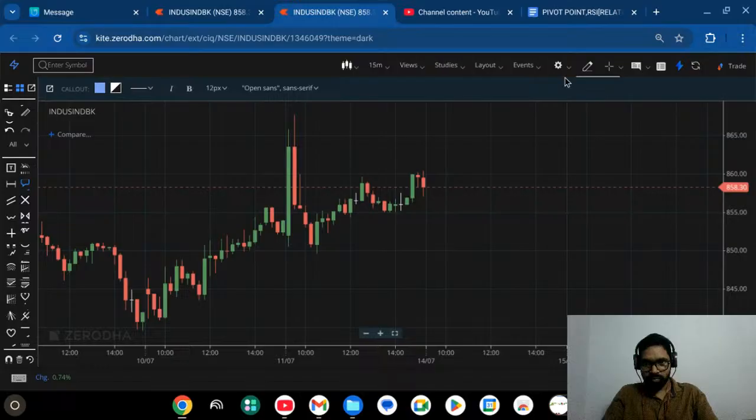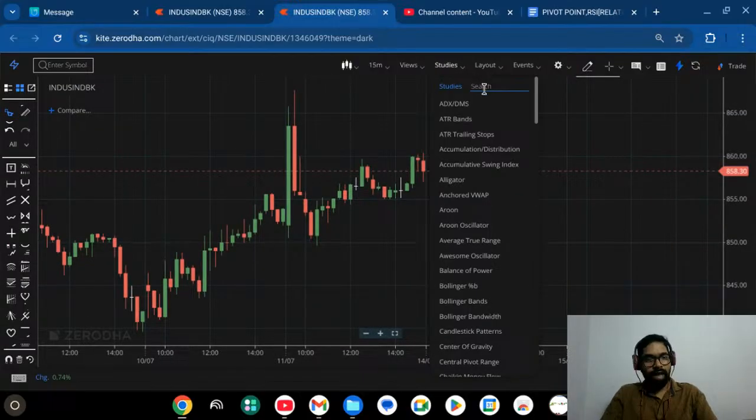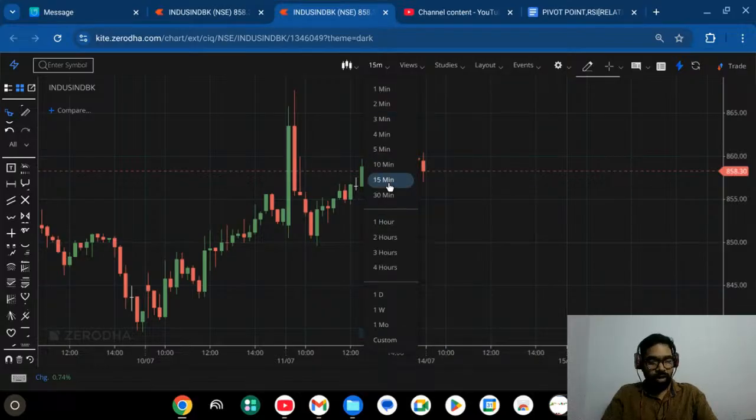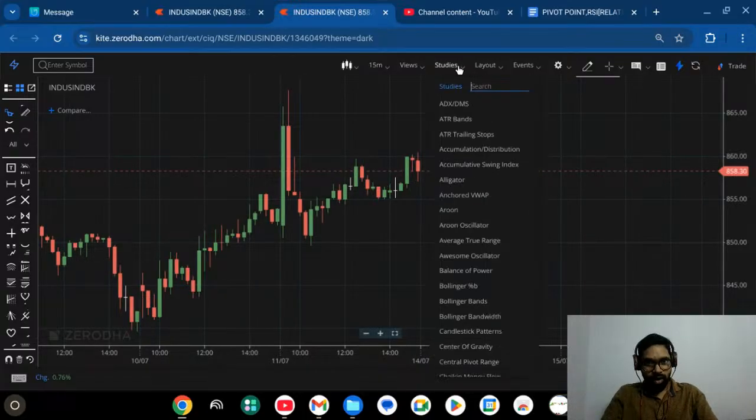Now I have to identify the trend of the market of IndusInd Bank. You can use multiple time frames here. For your better understanding, I am using the 15 minute chart time frame. The topic today is the pivot point concept.